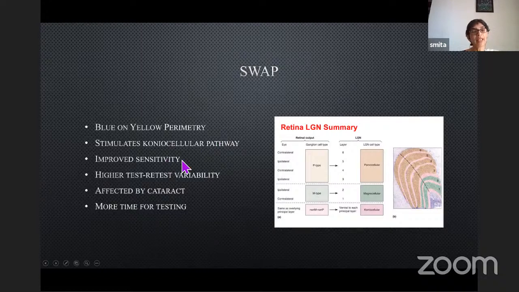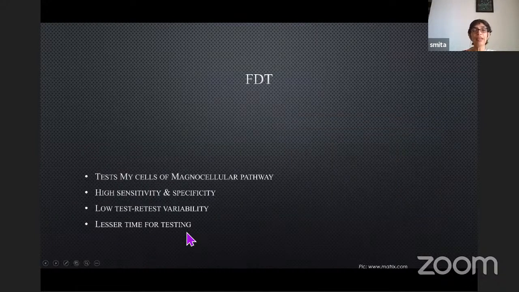Even though SWAP has improved sensitivity as compared to white-on-white, the problems are that it has higher test-retest variability, it takes more time for testing, and it is affected by cataract. You know, cataract does not allow blue light to pass through, and therefore the patient will find it difficult to see the blue stimulus, and therefore SWAP did not live up to the expectation of detecting glaucoma early.